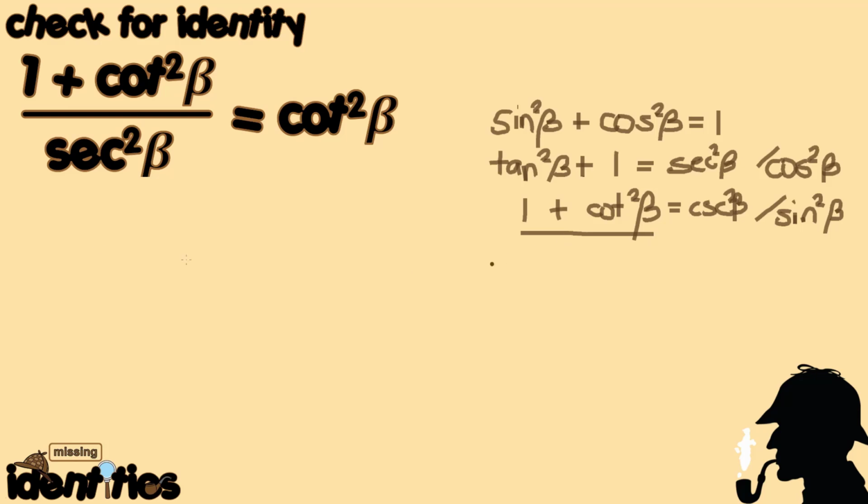In short, we can simply rewrite that as just cosecant squared beta. The entire numerator is equal to cosecant squared beta, over secant squared beta, still equal to cotangent squared beta.